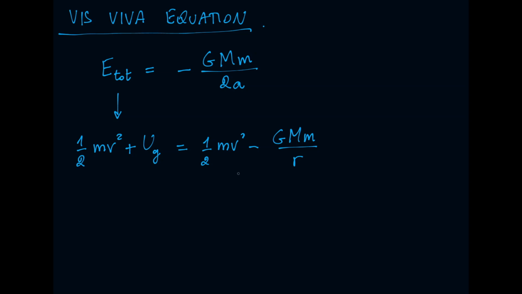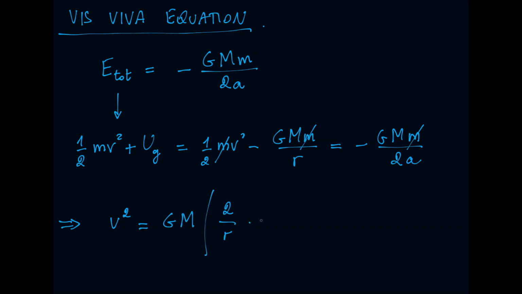Now we can solve this for v, and the m's conveniently cancel out, the 2's do their thing, and what you find is this equation where v squared is equal to 2 over r minus 1 over a, times GM.